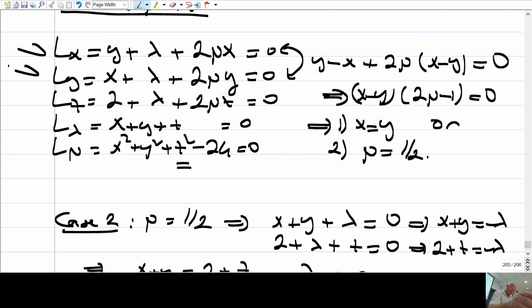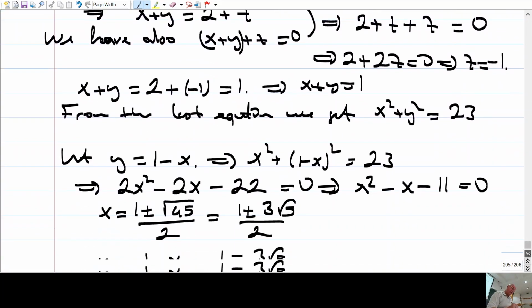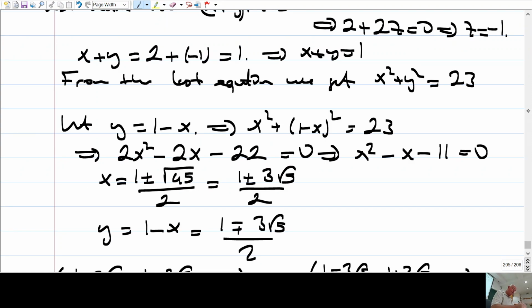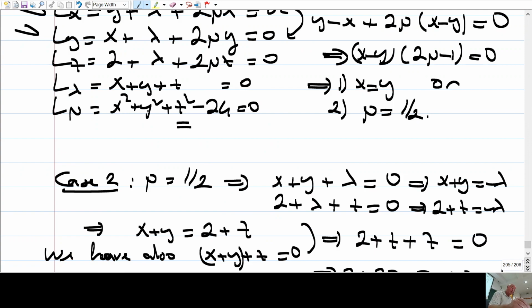I already used these two equations. This equation has no xy in it. I have this. X equals y gives me 2x plus z equals 0. And I have the last equation, which is x squared plus y squared plus z squared is equal to 24.